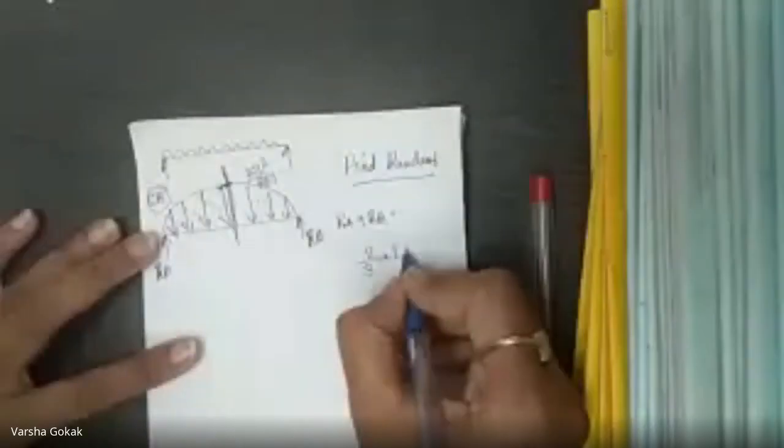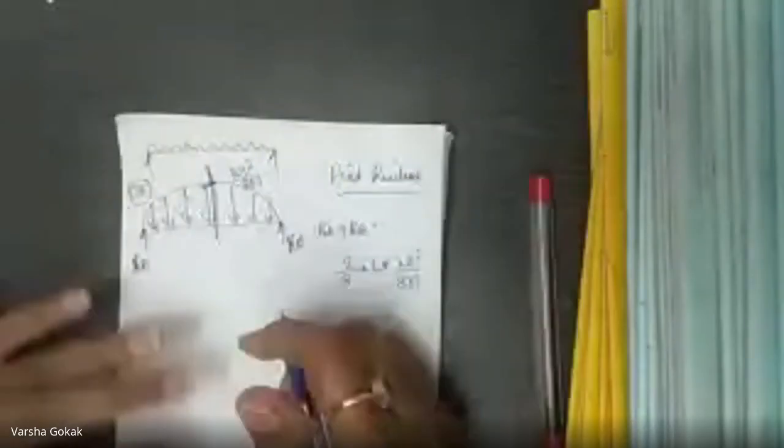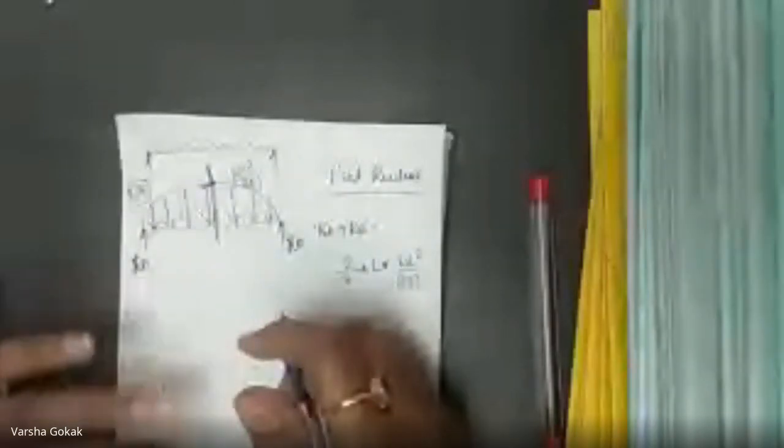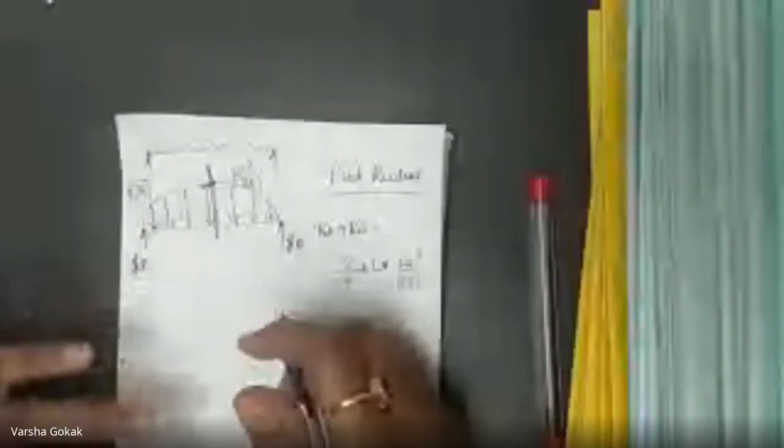So RA plus RB is the total load that is coming down. So in the total load these are two parabolas. First I'll write for one parabola: 2/3 base into height WL square by 8 EI. No, sorry, the total it is.